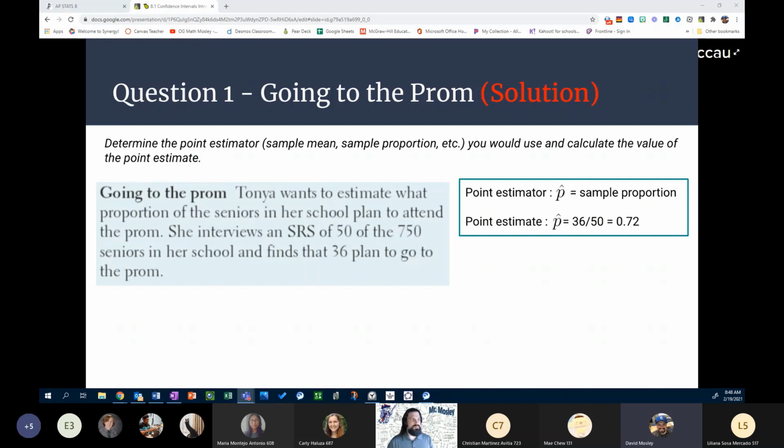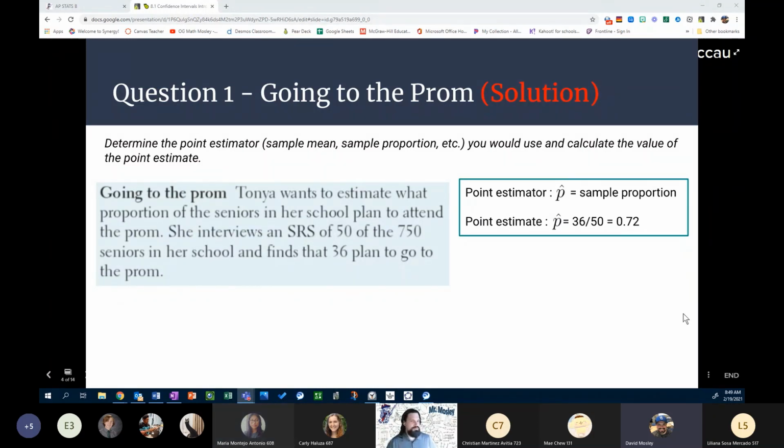We would then need that because we need to confirm that our sample size meets the 10% rule before we calculate the standard deviation of the sample proportion. But in this case, because we're not asked to go to that next step, we're only identifying the estimator and its estimate. We don't need the 750. It's just there to tell us the size of our population we're pulling the sample from. Okay, thank you. Welcome.